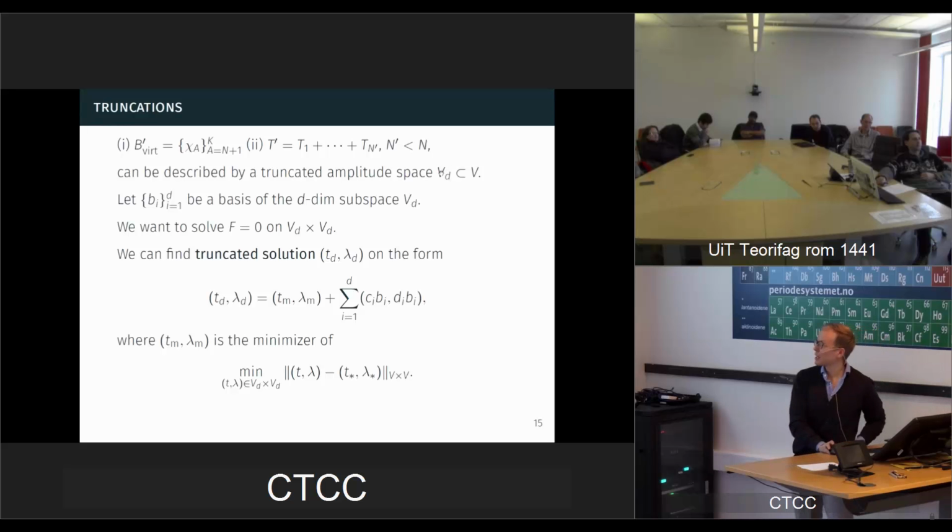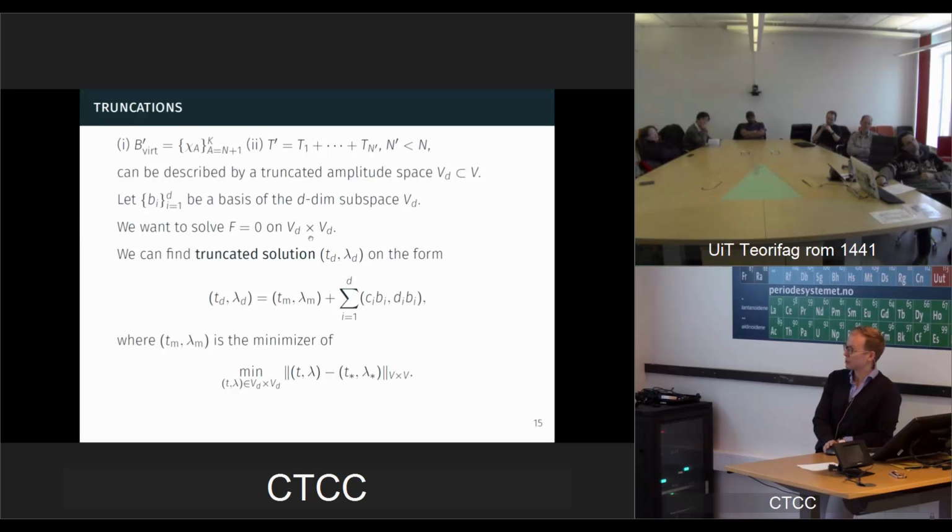So we have this amplitude space capital V, and we describe any truncation, be it this or be it this, just by reducing this amplitude space, and we put an index D. And then we let this be a basis of this finite dimensional subspace, the truncated capital V with index D. And then we want to solve this extended coupled cluster function, so capital F equals 0, on this now truncated amplitude space.